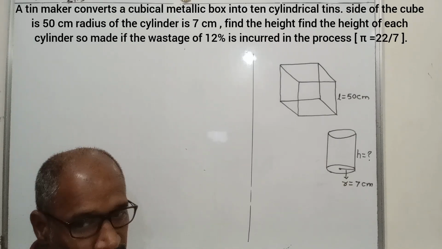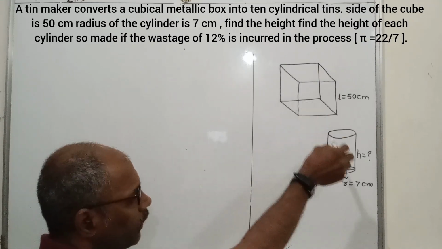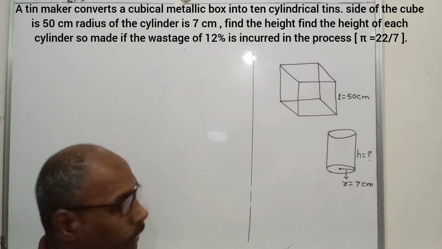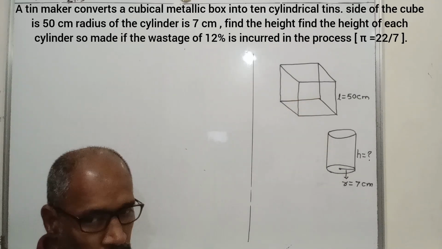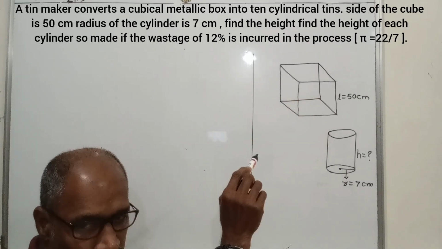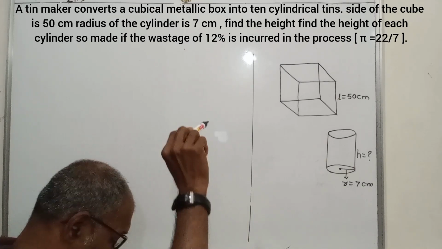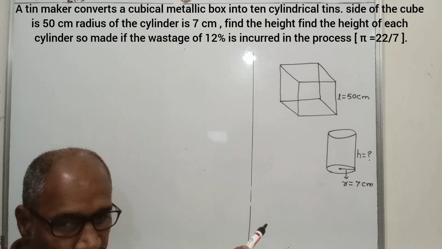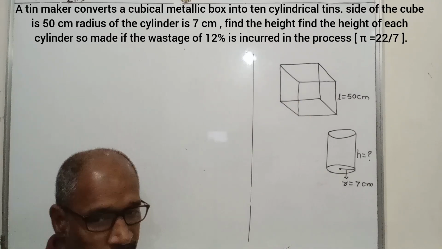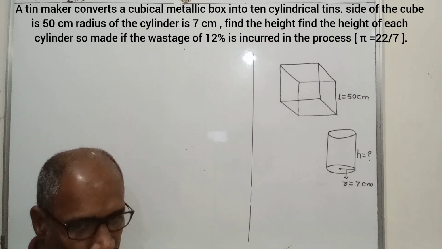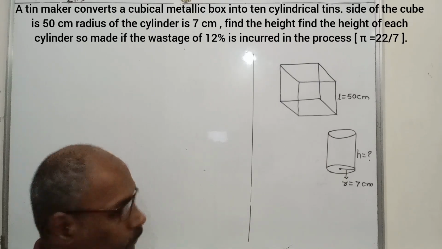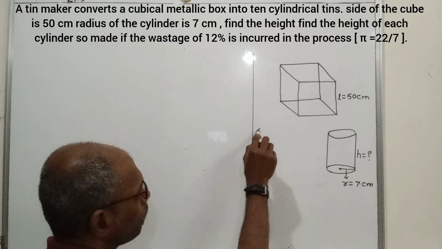Okay, now 12%. While making such 10 tins from this cubical metallic box, there was wastage of metallic part or metal, that was 12%.